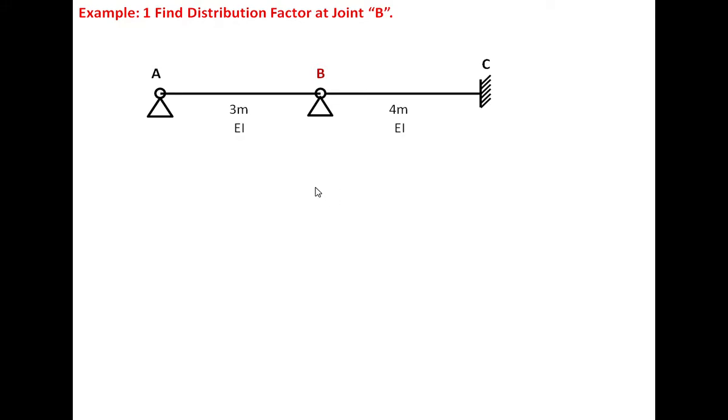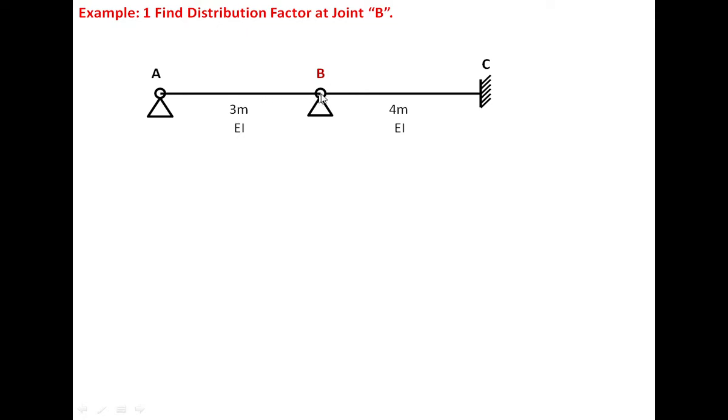Let us take this particular continuous beam. This is called a two span continuous beam. This is span number 1, span number 2. A continuous beam can have a number of spans, but here we are taking a simple problem of a two span continuous beam. As we can see, in the question it is written: find the distribution factor at point B. Even if it is not written, we can understand that a distribution factor is required when two or more members are meeting.